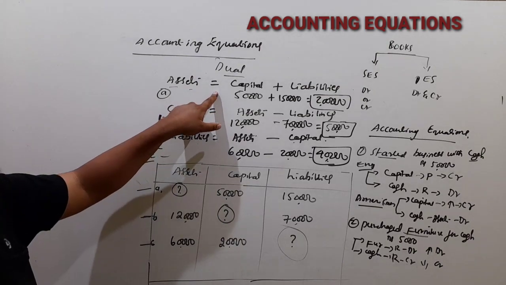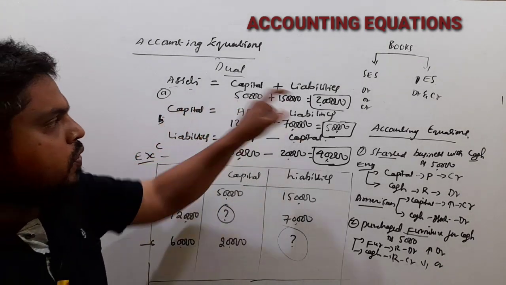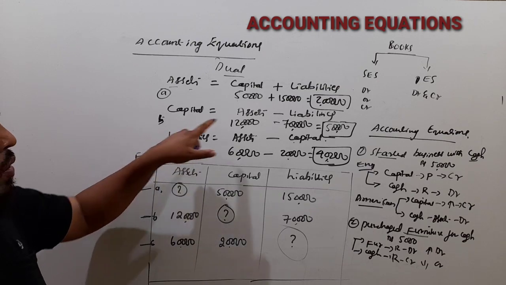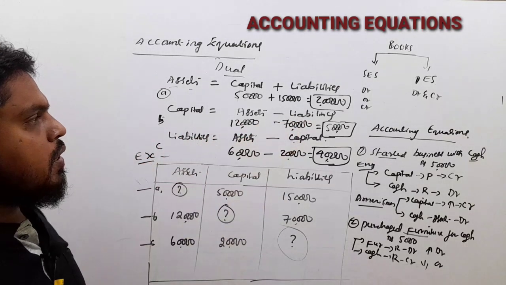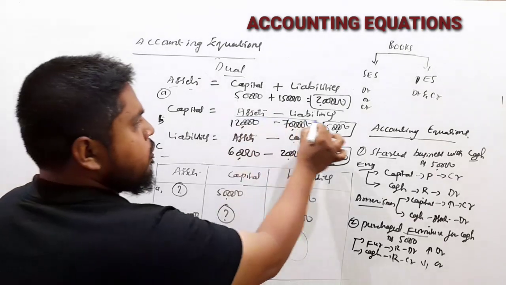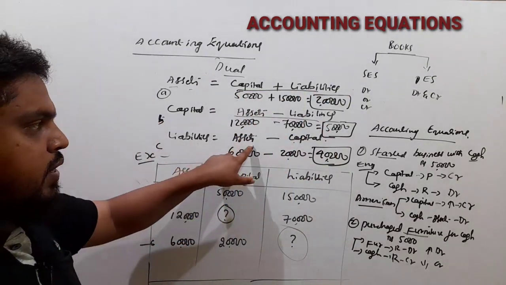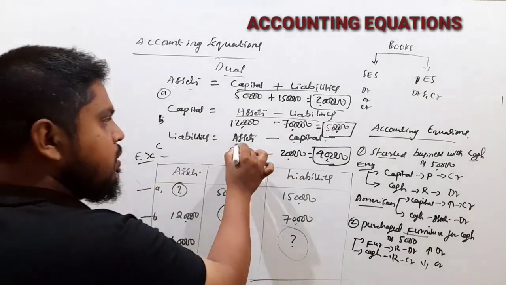So this is the accounting equation. Assets equal to capital plus liabilities. Capital is equal to assets minus liabilities. Next, liabilities is equal to assets minus capital.